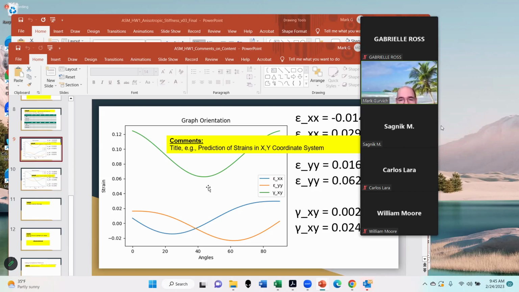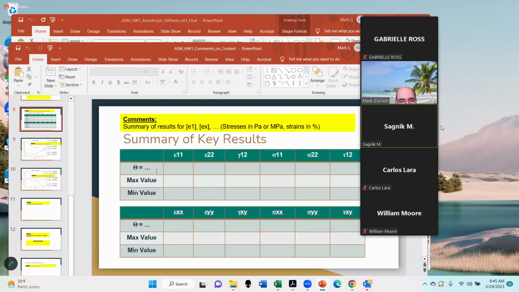I would suggest adding an extra line: you put the max value, but also the angle of the max value, then the min value, and the next line would be the angle of the min value. Very good suggestion. For the next class, if I teach it, I will include it in the assignment.